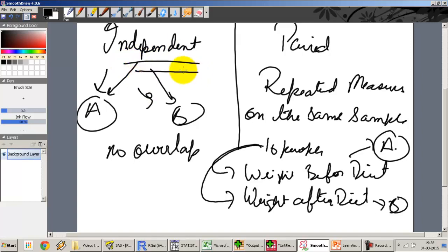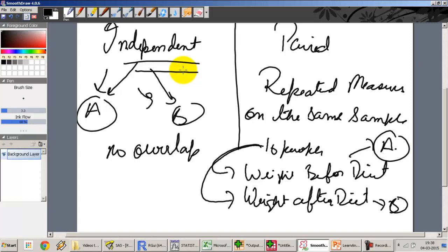For example, let's say students want to prepare for GMAT, right? Some students give the GMAT on, let's say, 10th of April, and then after that they study basis, let's say, the Manhattan preparation technique, and then they give the GMAT again, right? Did the GMAT score change because of Manhattan preparation?